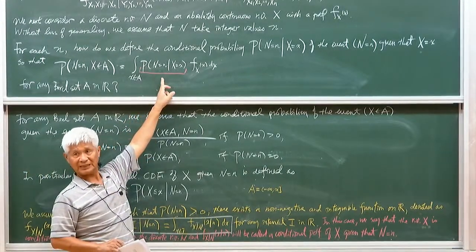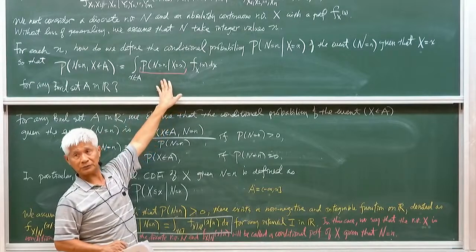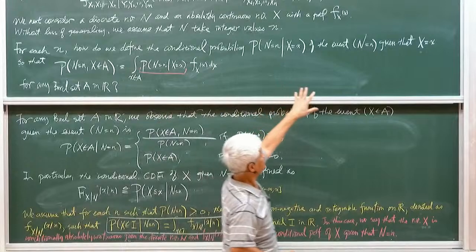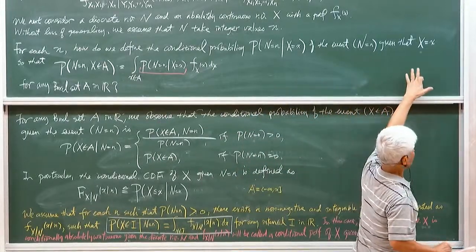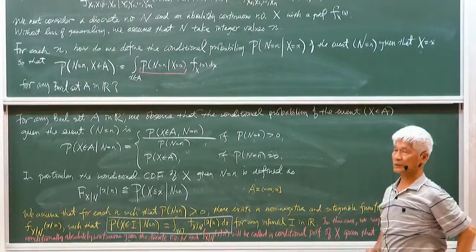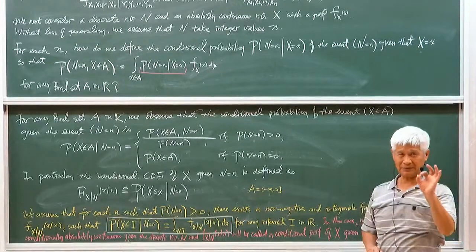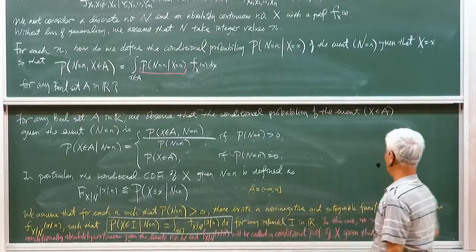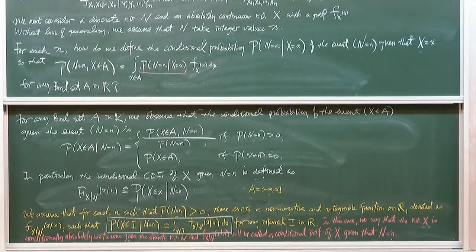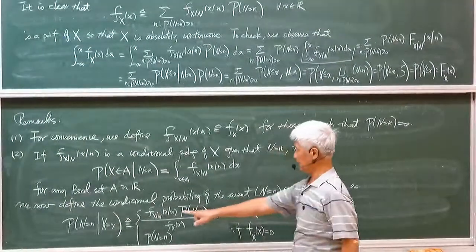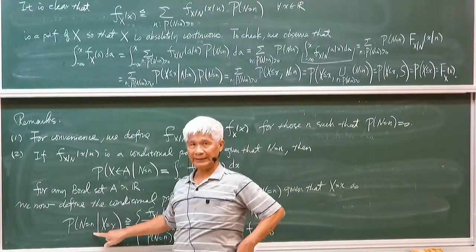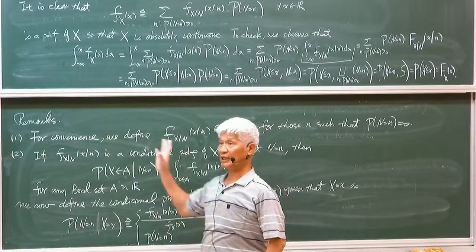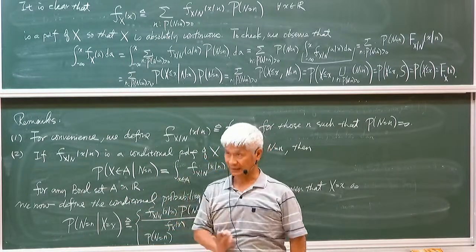At this point, we don't know how to define this conditional probability of an event, given that the absolutely continuous random variable X has a specific value little x. But with this assumption, we are able to give a definition of this conditional probability in this way.